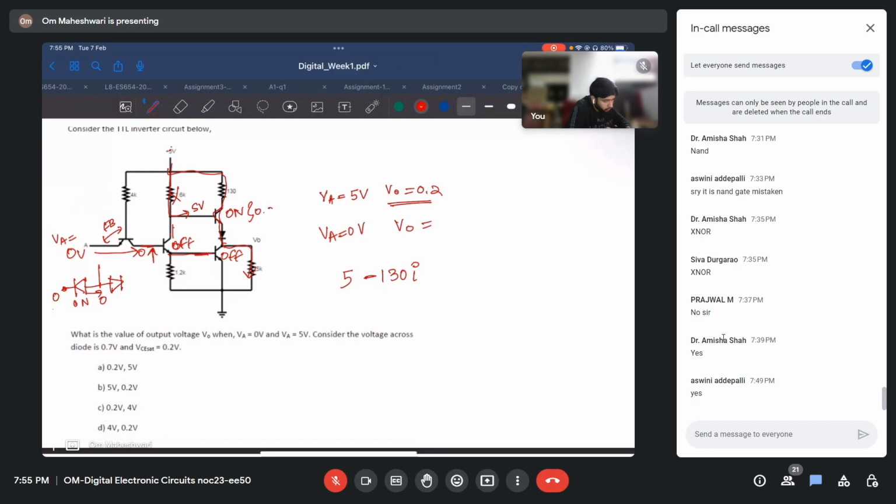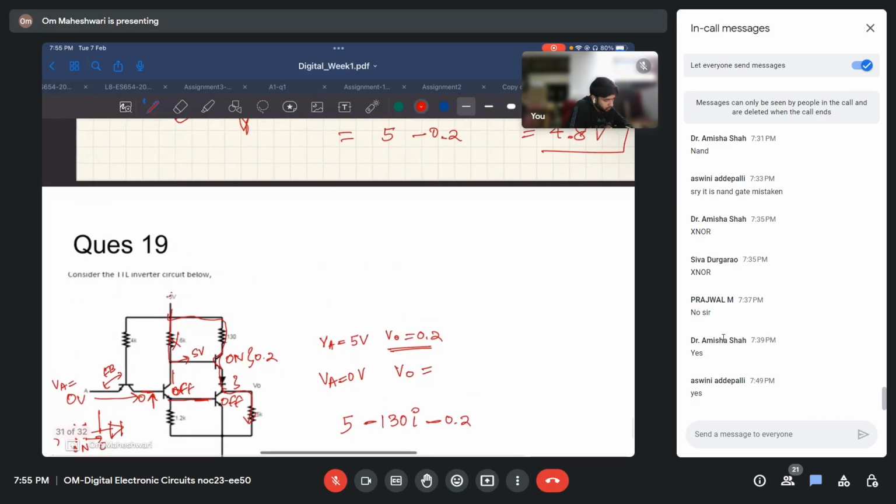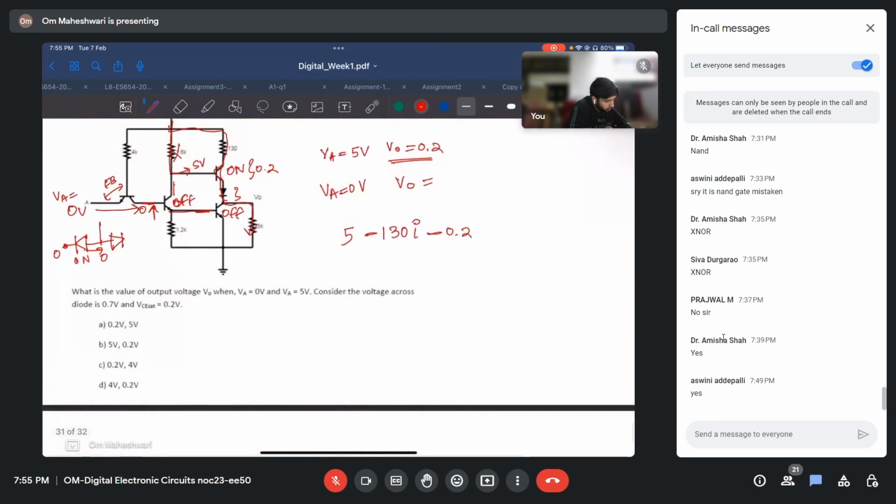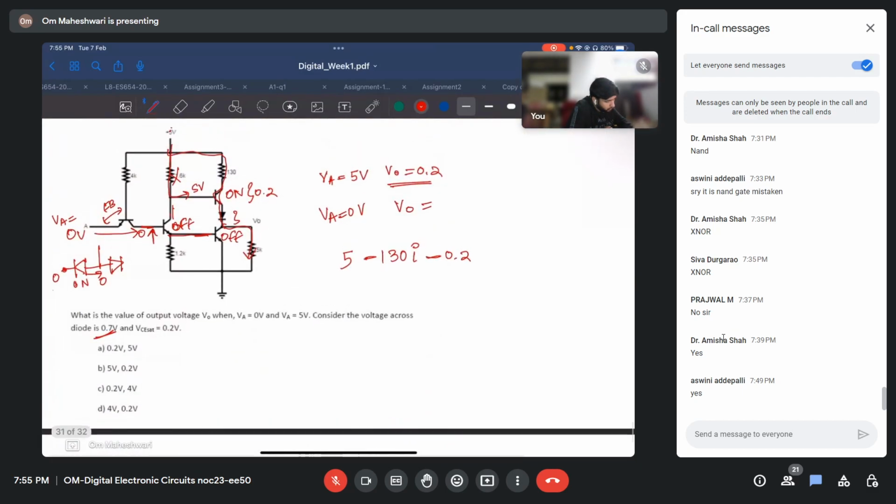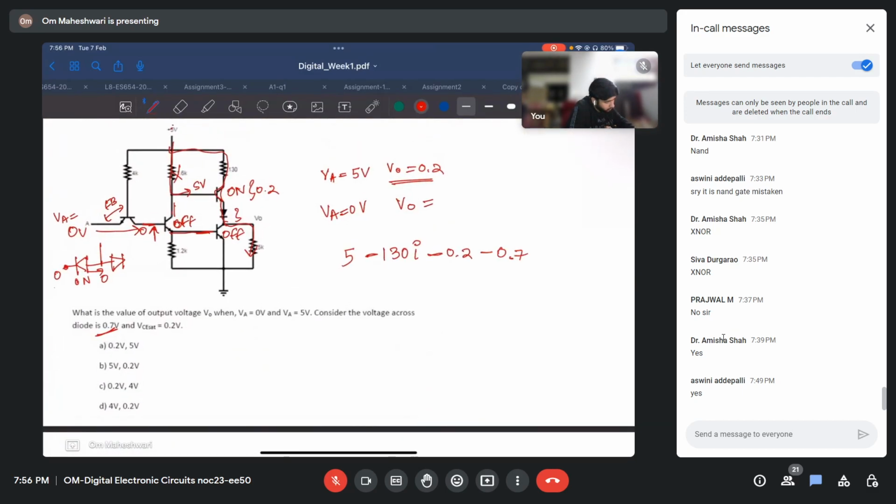So here will be 0.2, minus 0.2. The diode drop we know is how much? The diode drop is 0.7, minus 0.7, minus VO equals 0.